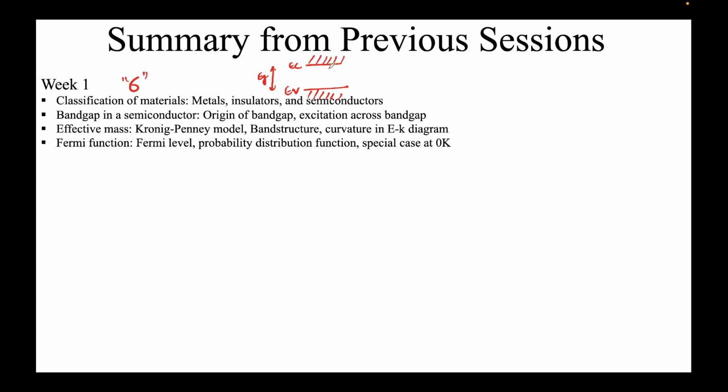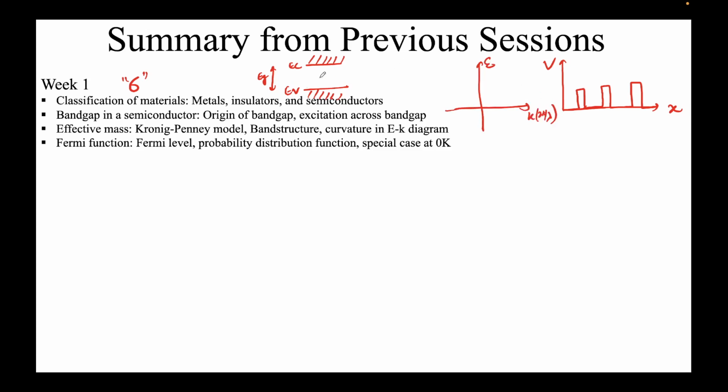But please remember that all of this is happening, this electron is not free, it is in a periodic lattice, and we saw that we can represent that periodic potential by the Kronig-Penney model, something like this. This is the potential with respect to x, and when an electron is moving in such a periodic potential, we can express the energy of the electron on the y-axis, and on the x-axis we have k, which is the wave vector given by 2 pi by lambda.